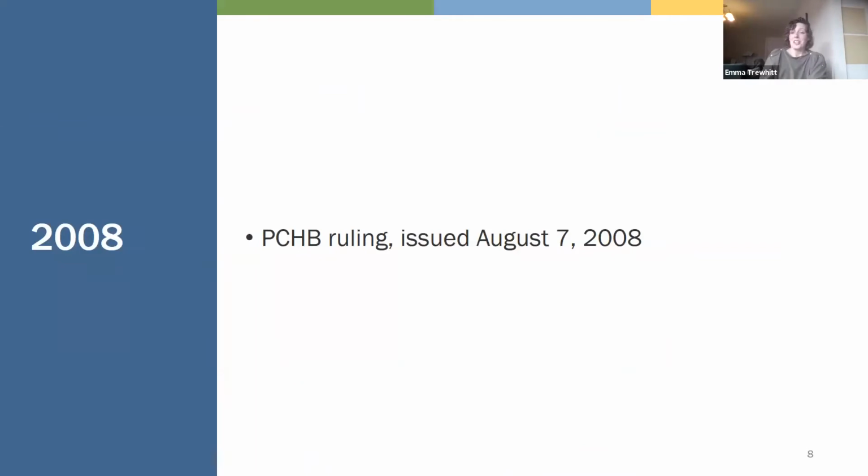That 2007 permit was then appealed and went before the Pollution Control Hearing Board, or PCHB. There were a lot of things involved in that appeal, not just SSCs, but that's what we're focusing on here today. That appeal and subsequent ruling in 2008 was a defining moment in the direction of the SSC requirement.